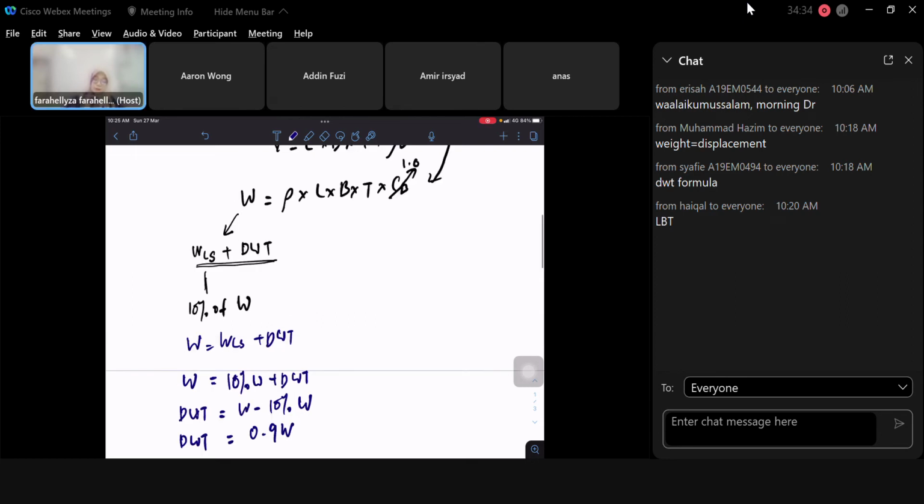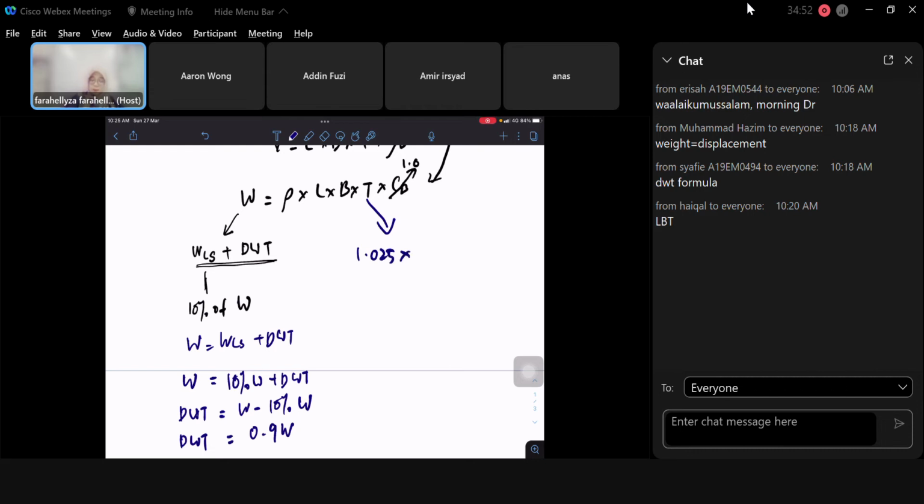Then this is the left side. So the right side here, we know that rho is the rho of seawater, so rho is 1.025.